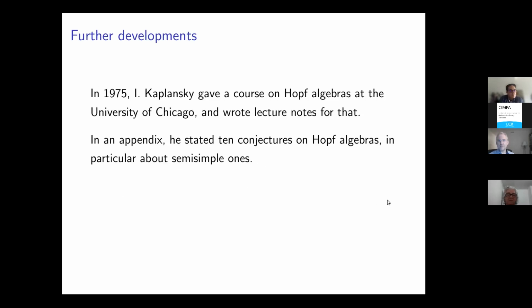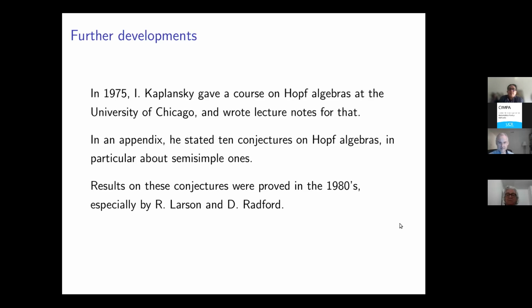These lecture notes have an appendix, in which he stated 10 conjectures on Hopf algebras, in particular about the semisimple ones, which I will discuss in a second. Results on these conjectures were proved by Richard Larson and David Radford in the 80s, and by other people too, but especially by these two. And several of these conjectures are still open. That's quite remarkable. I will discuss this in the sequel.